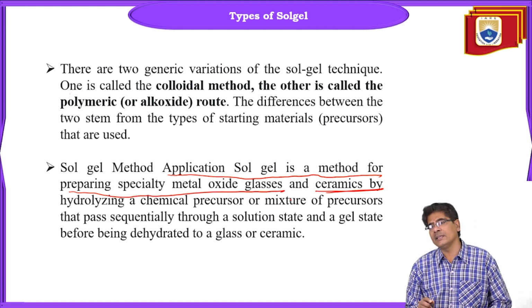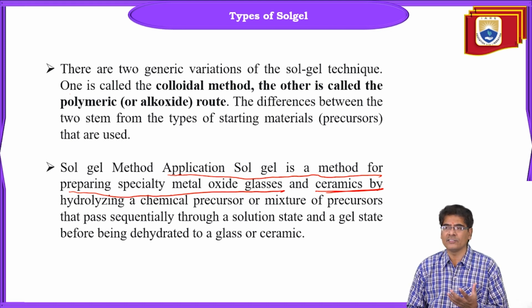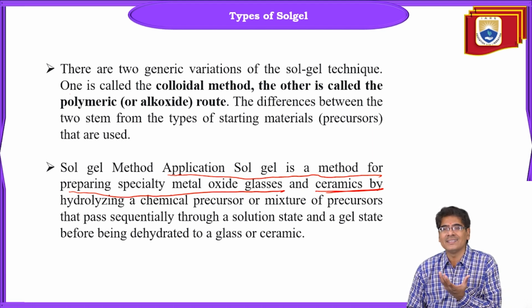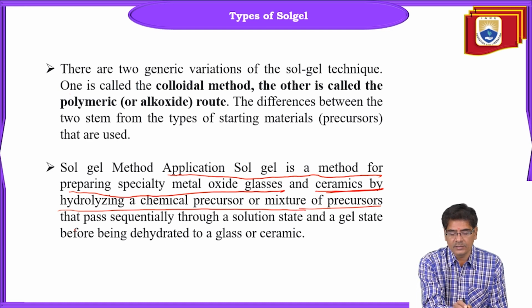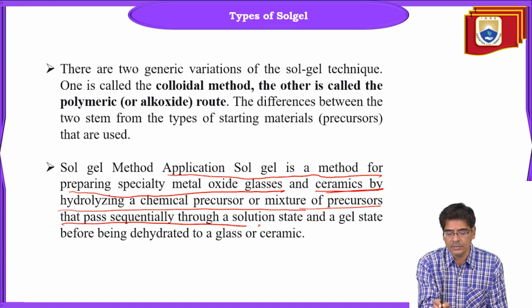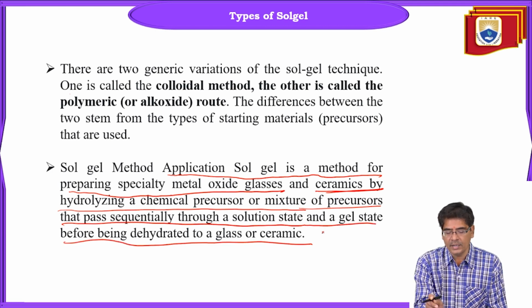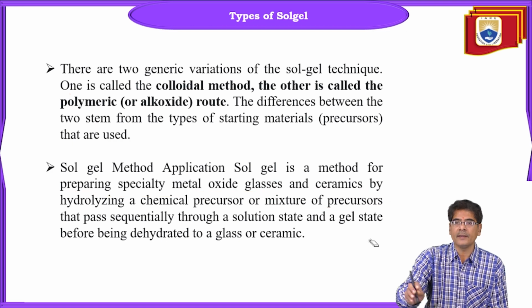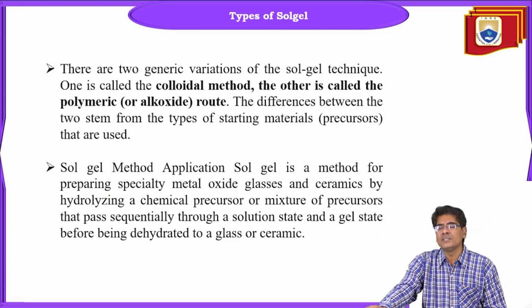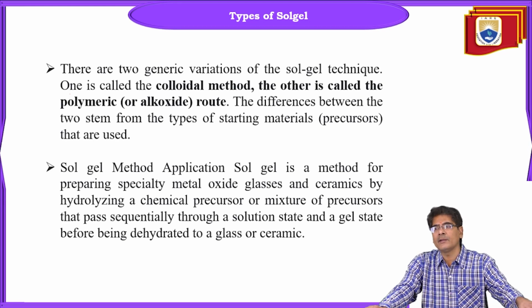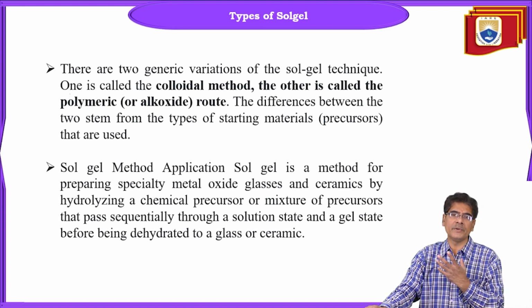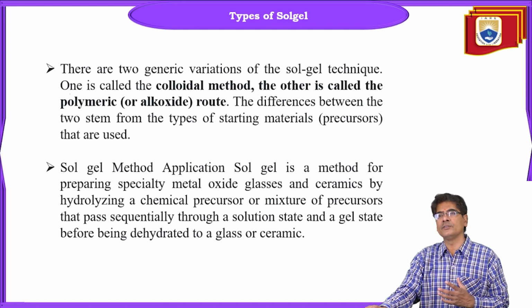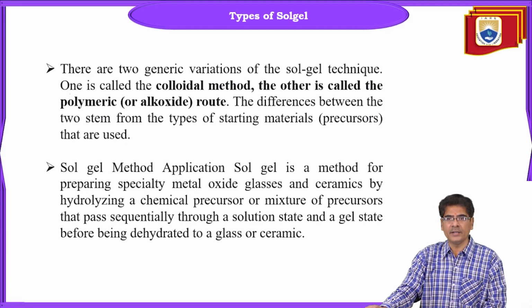As we have seen in our previous lectures, they are specially made metal oxide glasses and ceramics by hydrolyzing a chemical precursor or mixture of precursors that pass sequentially through a solution state and a gel state before being dehydrated to a glass or ceramic.